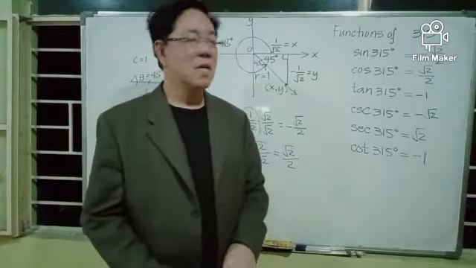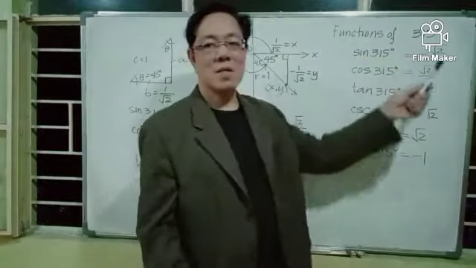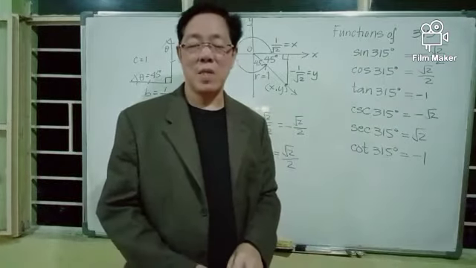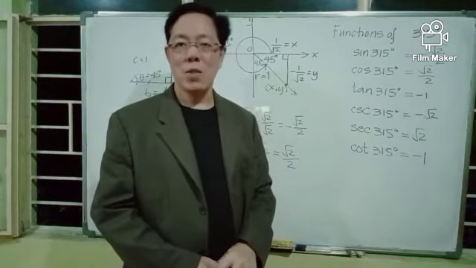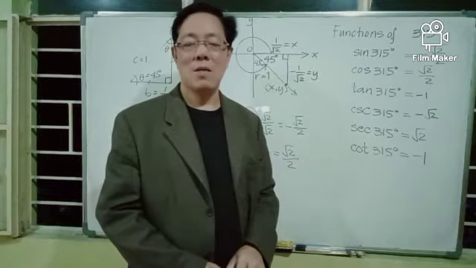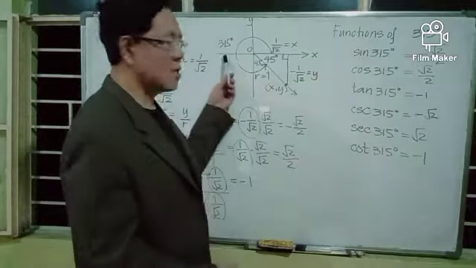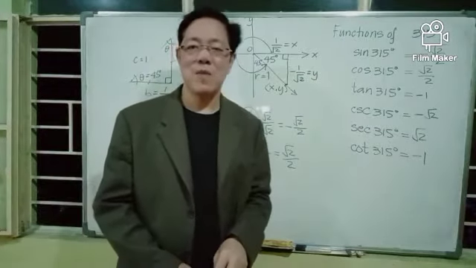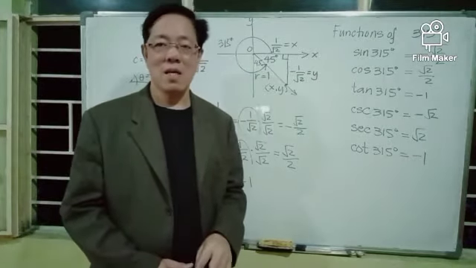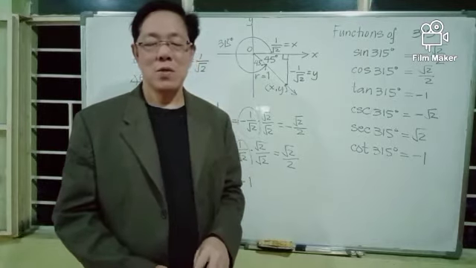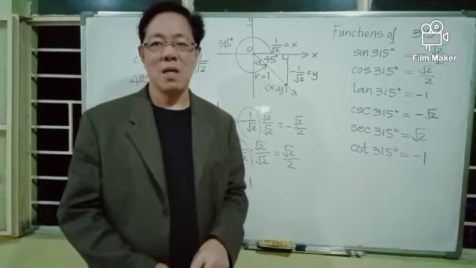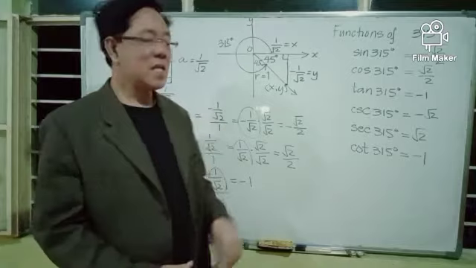Again, if there is an angle like 315 degrees that is a multiple of 45 degrees, and you want to find the values of the six trigonometric functions of such an angle, divide that angle by 45 degrees to find how many 45-degree angles there are in the given angle.